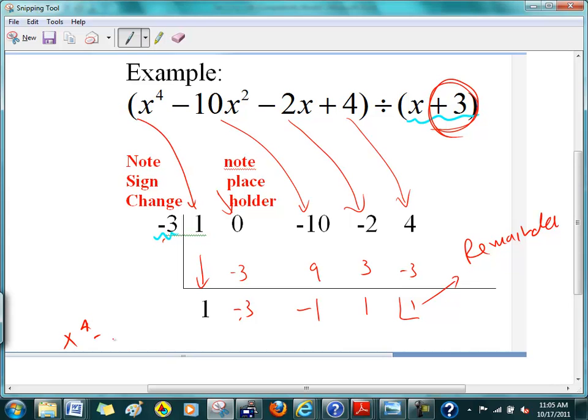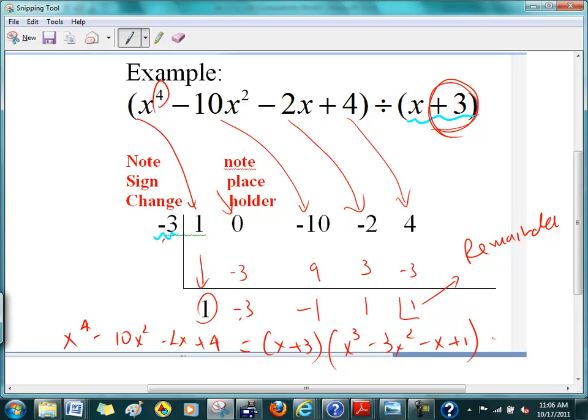So from the polynomial long division algorithm that we learned last week, what you need to do is write this as x to the 4th minus 10x squared minus 2x plus 4 is equal to x plus 3, your divisor, times your quotient. Now your quotient is, since this is x to the 4th, going to be 1 degree less. So it's going to be x cubed minus 3x squared minus x plus 1.